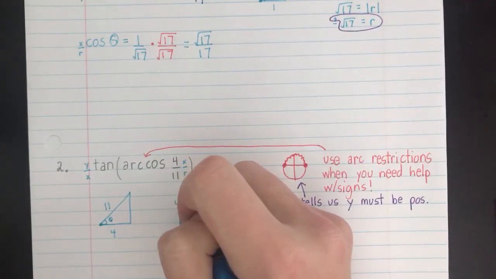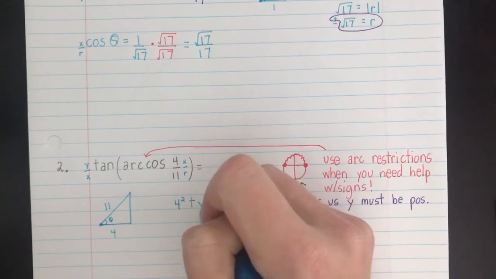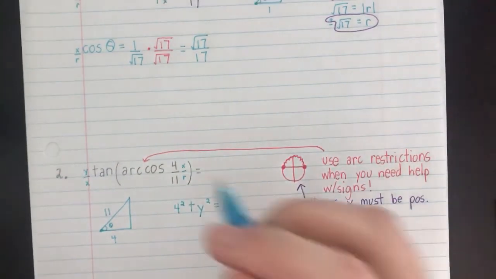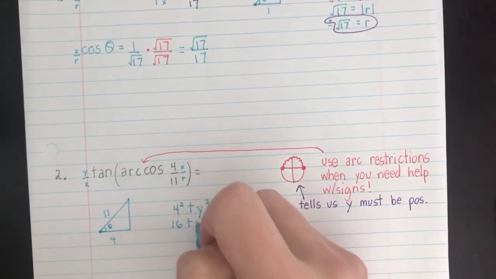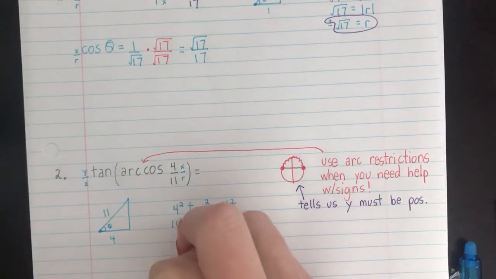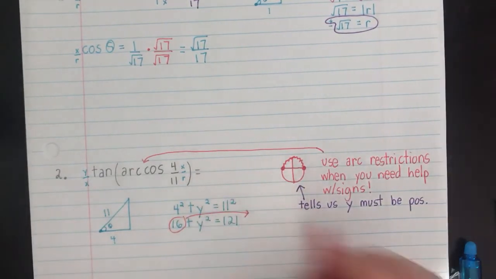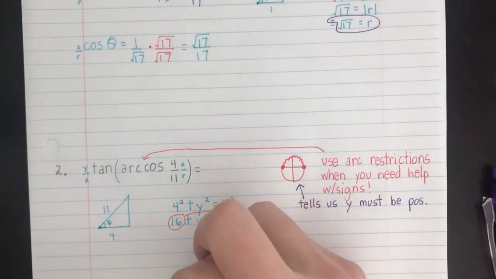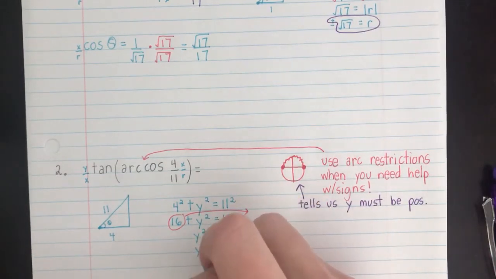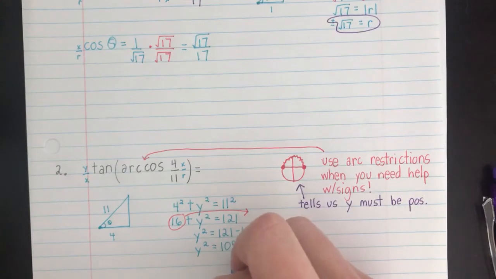So x squared, 4 squared plus y squared equals 11 squared. So 16 plus y squared equals 121. Of course, you want to move that 16 over. So it's going to be y squared equals 121 minus 16. So y squared equals 105.